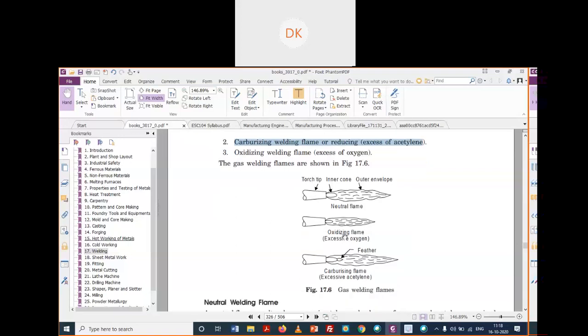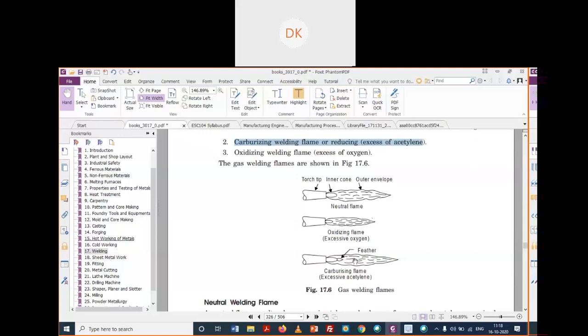Similarly, in the oxidizing flame the outer envelope is less, and the carburizing flame has an additional part, the acetylene feeder, which you can see here.